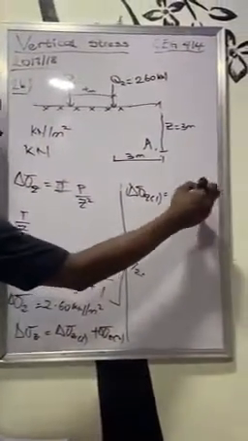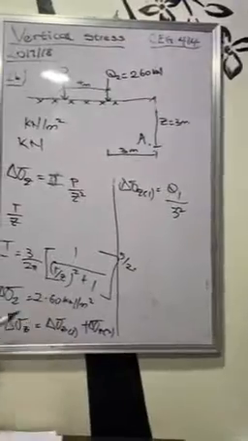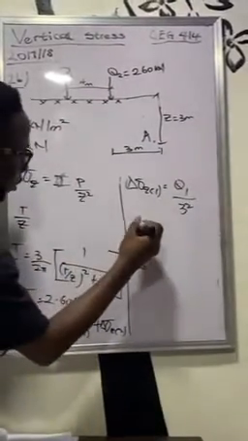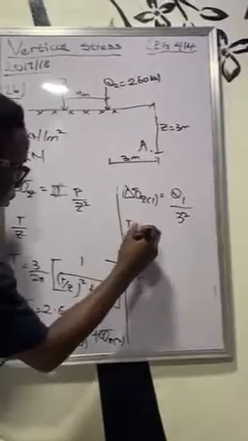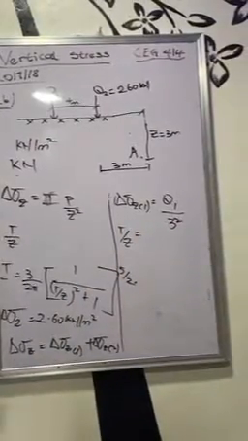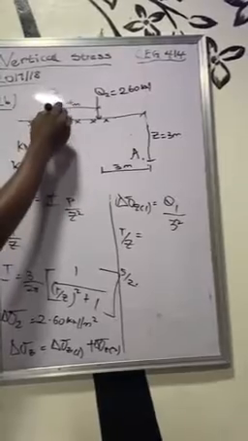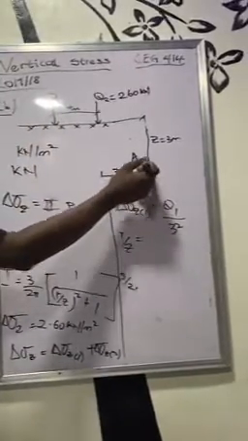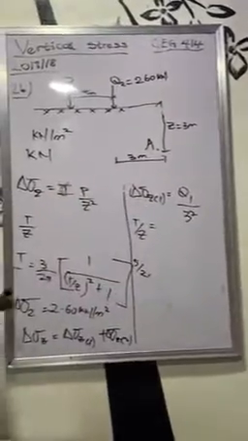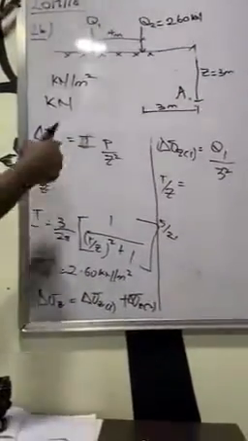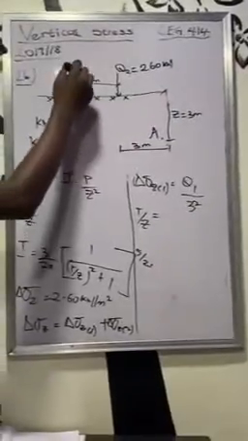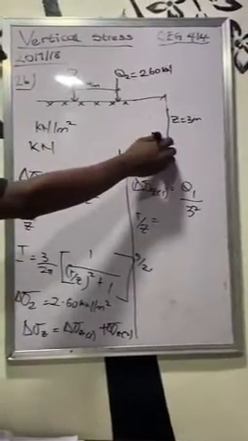Now I said rather than using this long formula, you can just compare. If you use this formula or use the tables, you get the same answer. But I would like to use the tables where you have R over Z. Now R is like a radius. It's the distance between the point load and the point where you are taking vertical stress. It's like when you're calculating moments in structural analysis, just the perpendicular distance from the point load to where you're taking vertical stress.